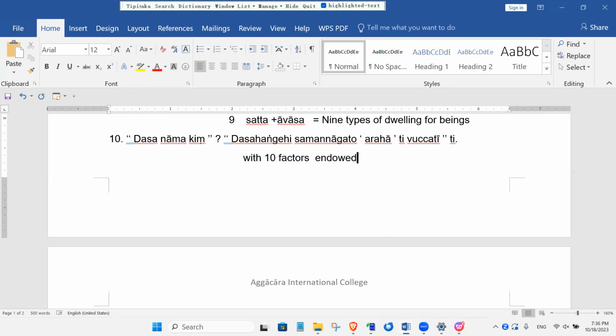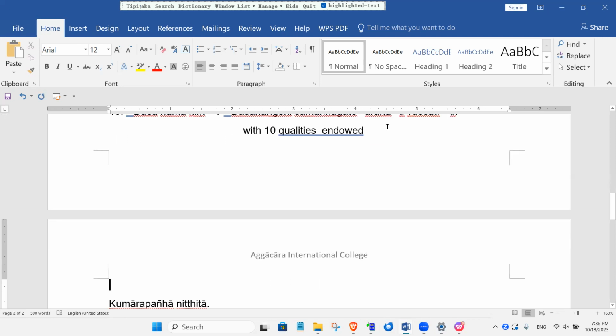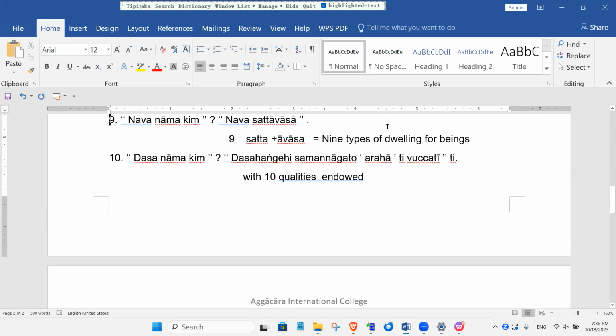Factors, attributes, or qualities. Endowed with 10 qualities. Okay, Arahan. So it's Arahan.